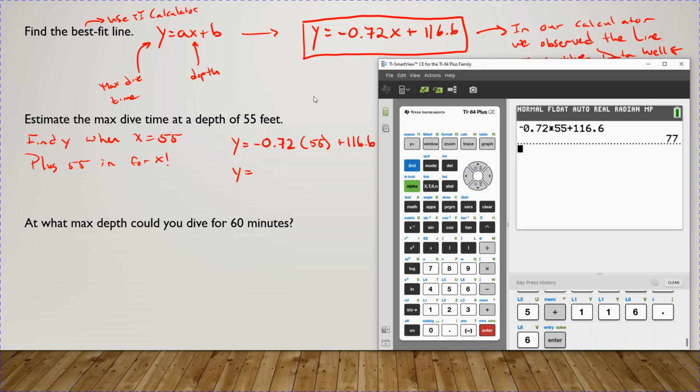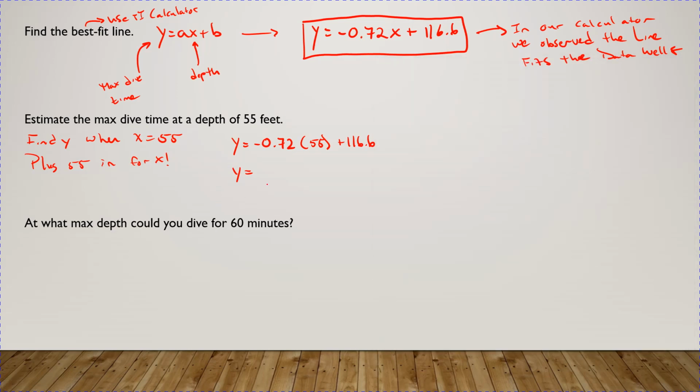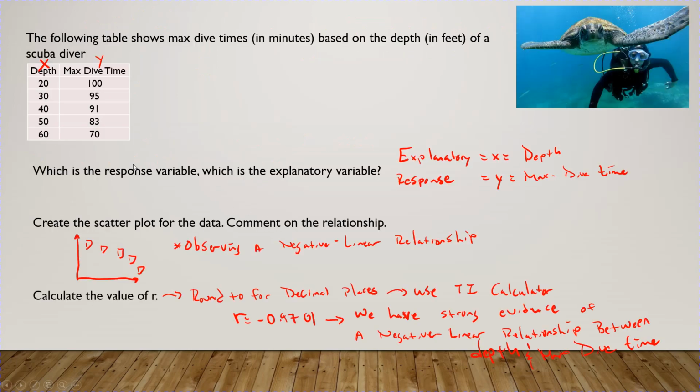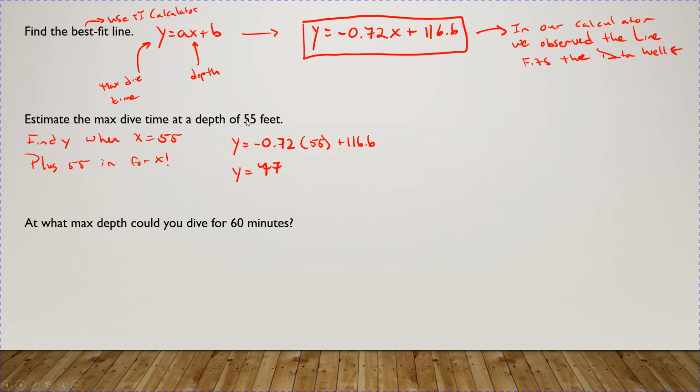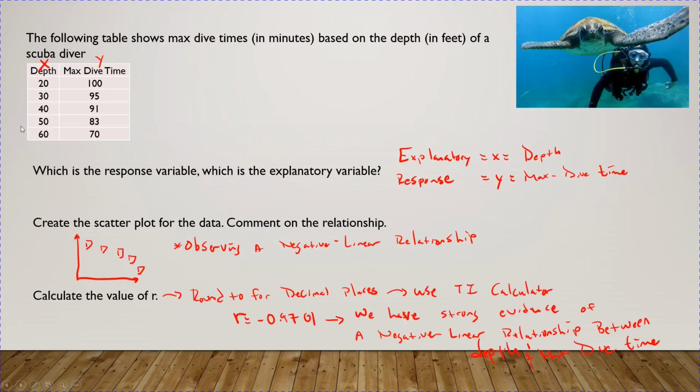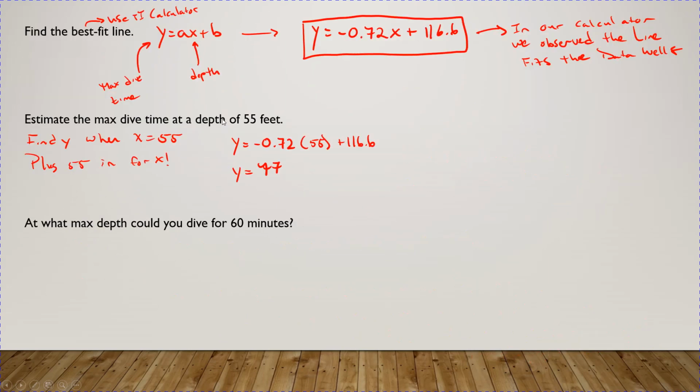We got it. And let's see if that makes sense. We're going at a depth of 55 feet, which is between 50 and 60, and it's saying you can go for 77 minutes, which is between 83 and 70. So that makes sense.